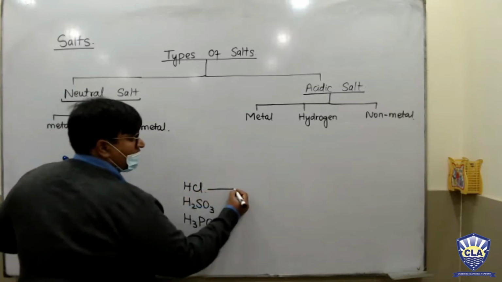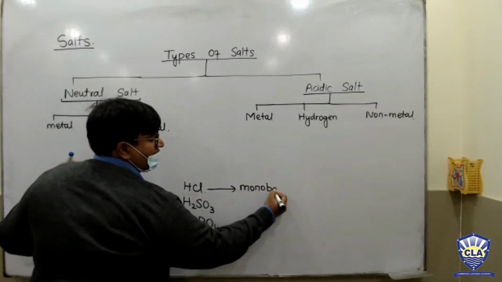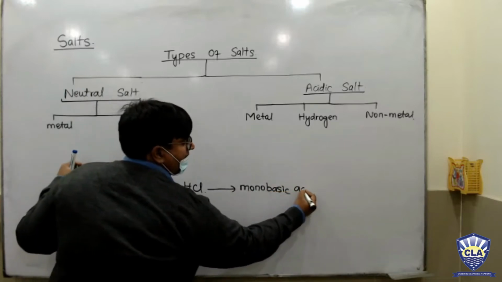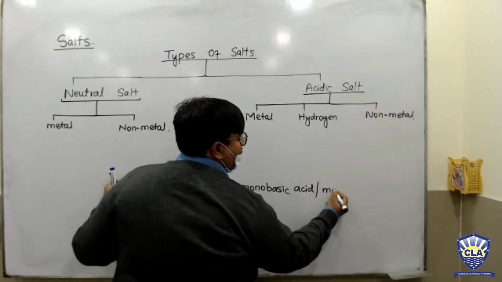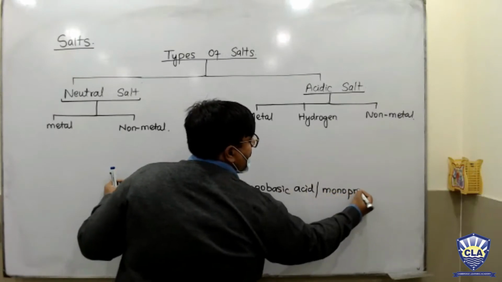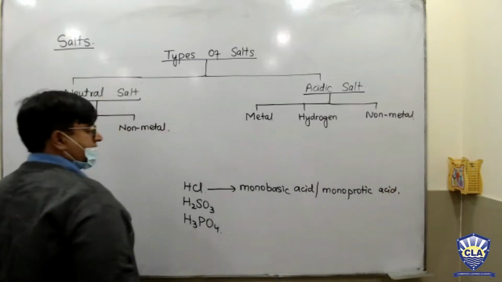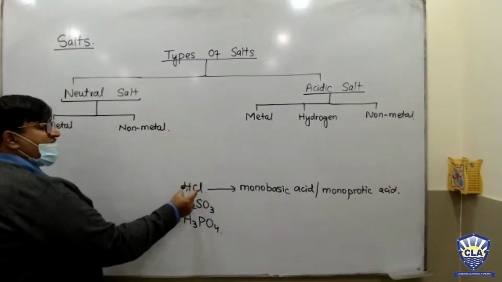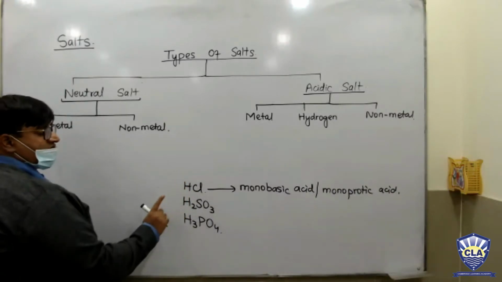So this type of acid is called a monobasic acid, or this one is called a monoprotic acid, because if you dissolve it in water, it is going to produce just one hydrogen ion.